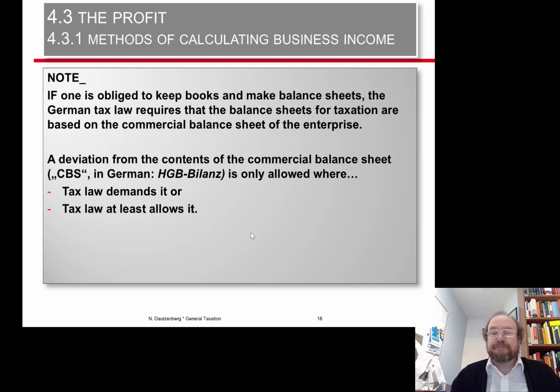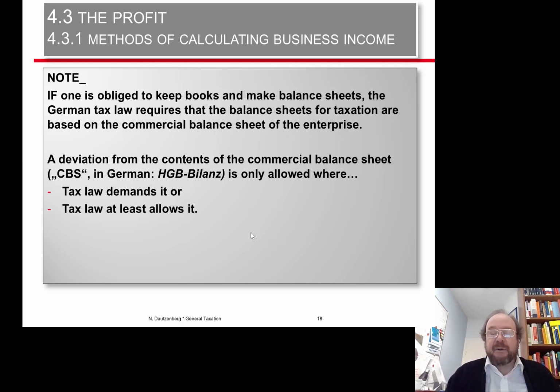And naturally it would be a waste of time and additional amount of bureaucracy if you would have to do 2 bookkeepings. So there is a basic principle which says, okay, if you have a commercial balance sheet, you are obliged to take over everything from the commercial accounting, the commercial balance sheet, and the commercial profit and loss statement into tax balance sheet and tax profit and loss statement.